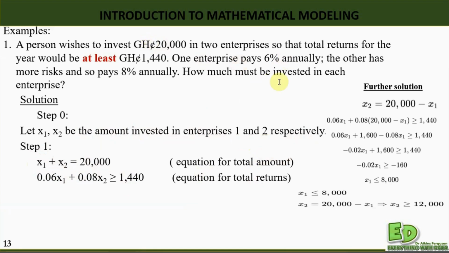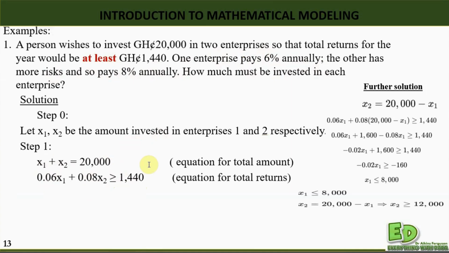And then their returns, or what they pay annually. So we say that the total returns is at least, so we use the greater than or equal to sign here. The first enterprise is 6% annually, so 0.06x1 plus the second one, 8% annually, 0.08x2, greater than or equal to 1,440. How much should be invested?